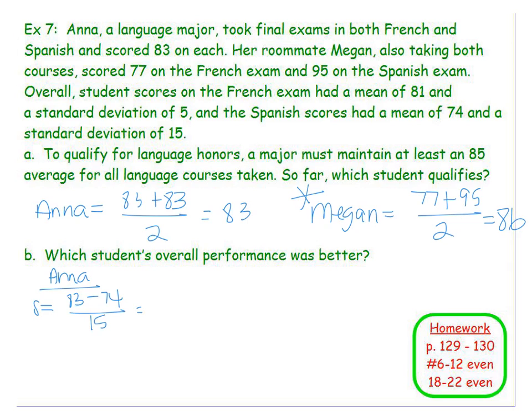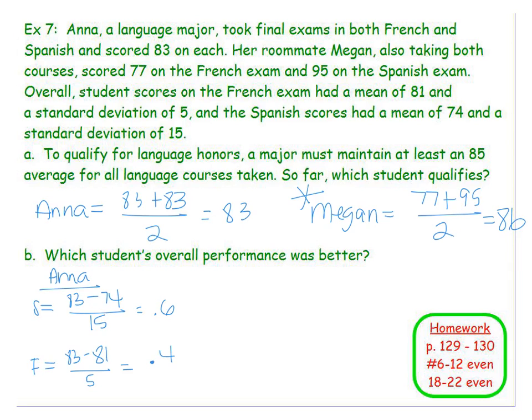I end up with 0.6. Her French z-score, she also had an 83, but the mean for French was 81, divided by a standard deviation of 5. And so I end up with 0.4 on that one.